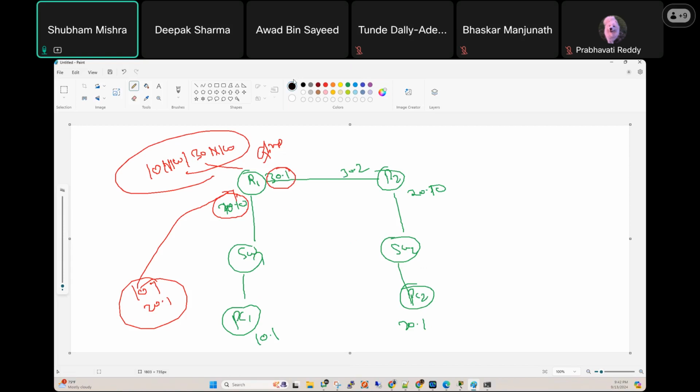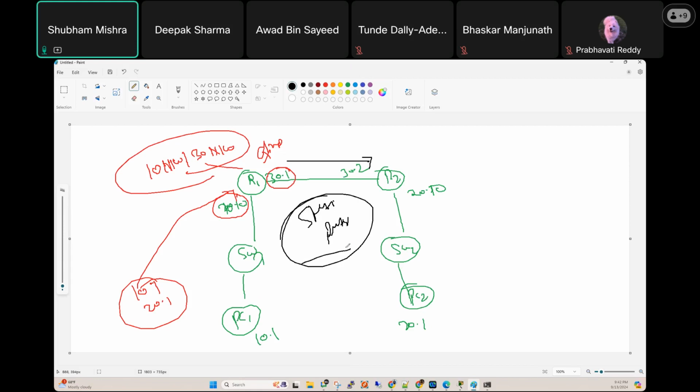Dynamic means you configure any dynamic routing protocol, or static means you configure static routes, or manually you need to tell router number 1 that if you receive a packet related to the 20 network, you have to forward this packet towards here. So these are the things you need to tell manually, and this is called static routing.